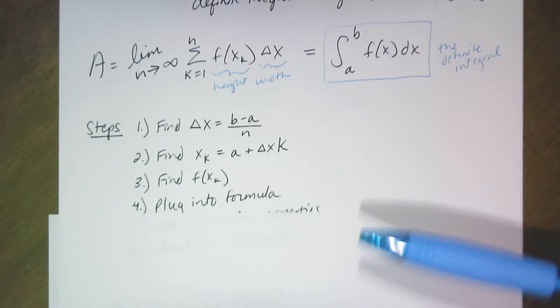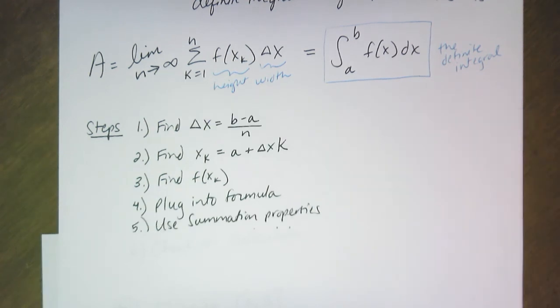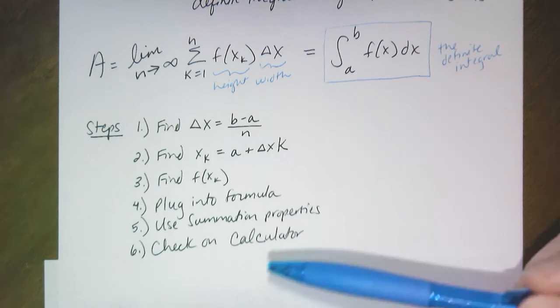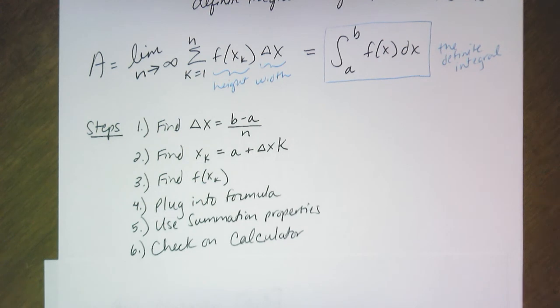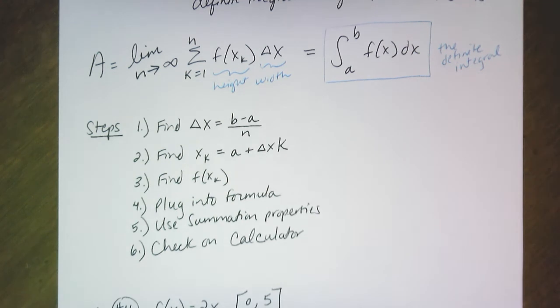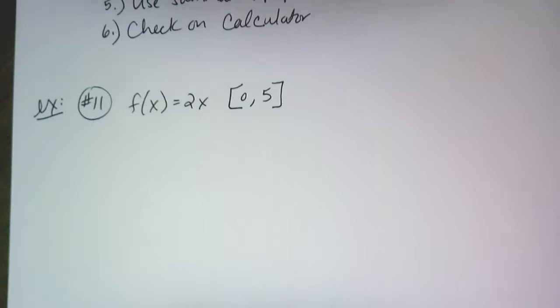You plug it into this formula up here. We do our summation properties that we've been working on now for a couple days. And I will show you how to double check it in the calculator. Okay? So the first question we're going to do is actually example number 11 on the worksheet tonight.